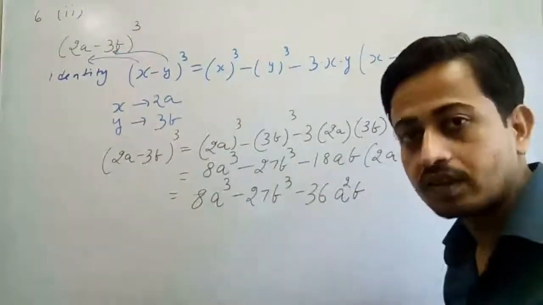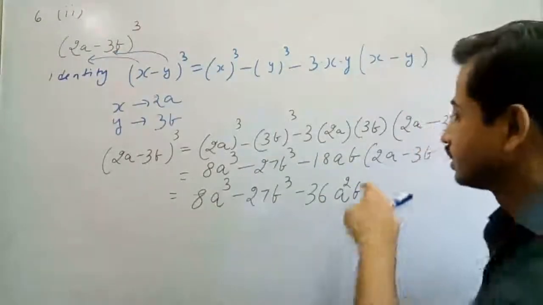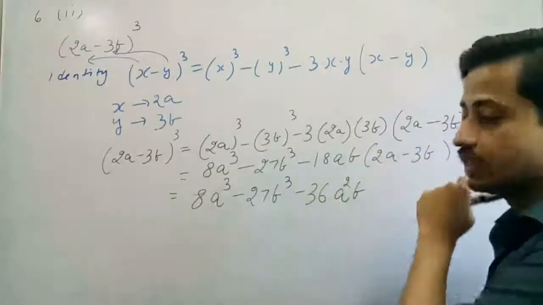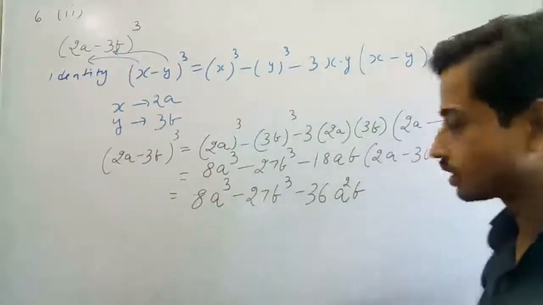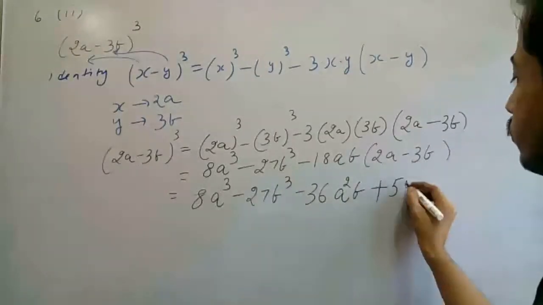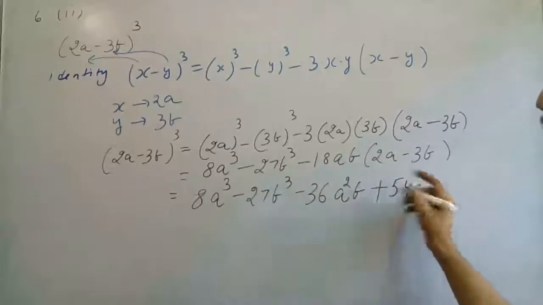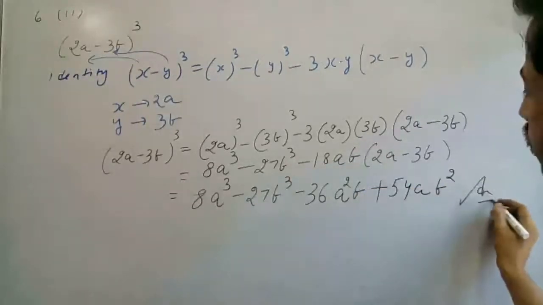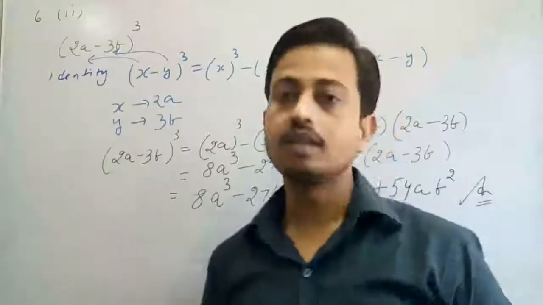When we open the bracket, the sign changes. The sign of 2a is positive, so it becomes negative, but the sign here is negative, so it becomes positive. So we get positive 18 into 3, 54, a as it is, b into b square. So this is your final answer.